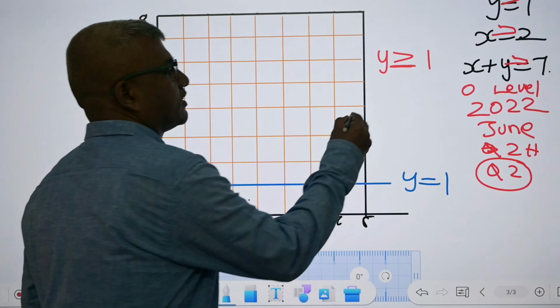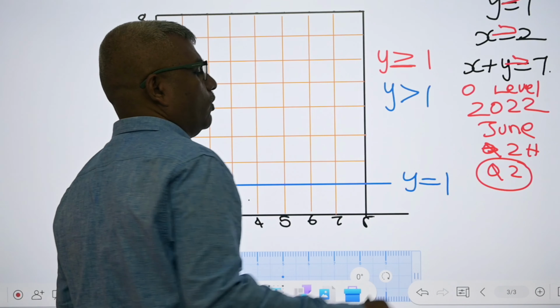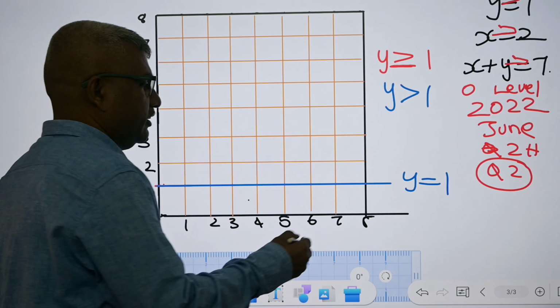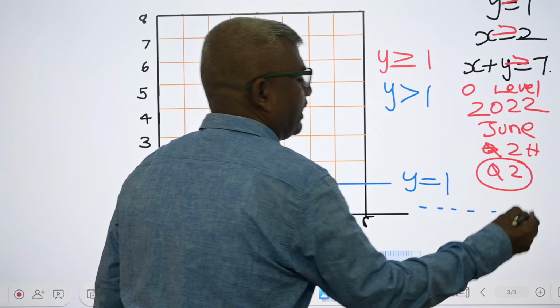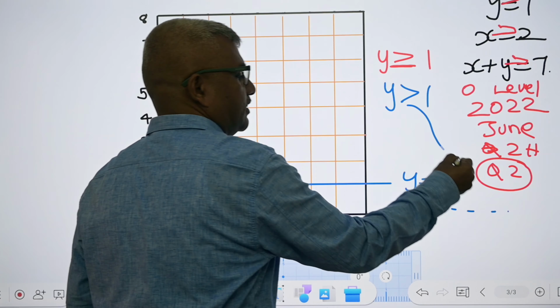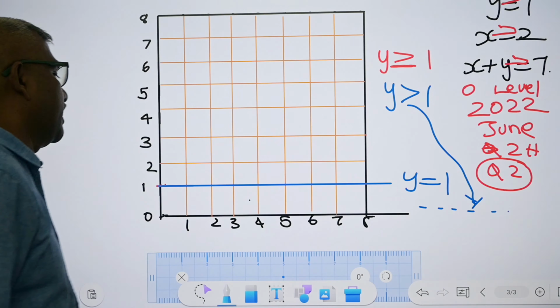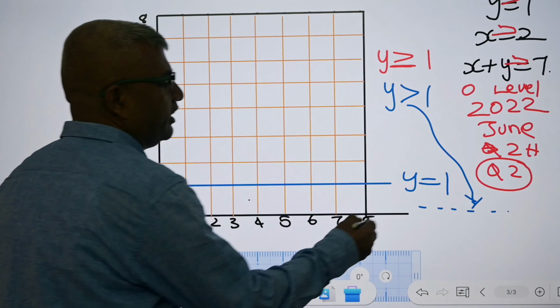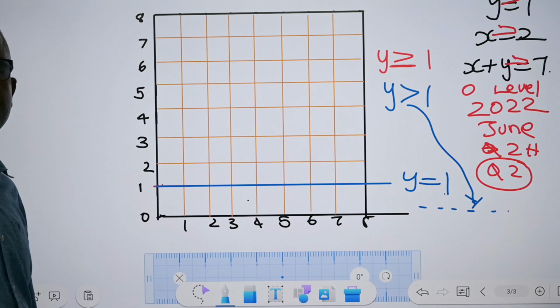Suppose if they ask y is greater than 1, don't draw a solid line, a dotted line you have to put in this case. Okay, now one is finished. So write the equation name also after finishing.